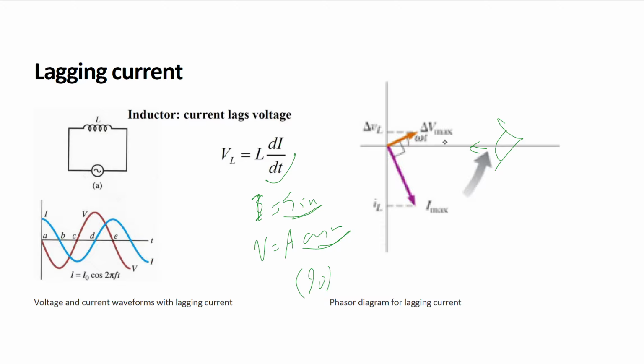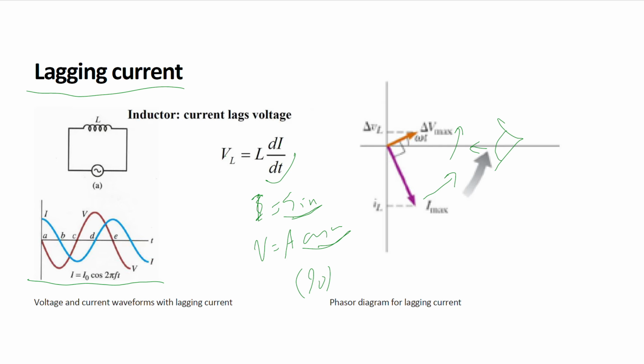If you see, first the voltage would cross the x-axis, and 90 degrees after the voltage, the current would pass it. So the current lags the voltage. So we have a lagging current.